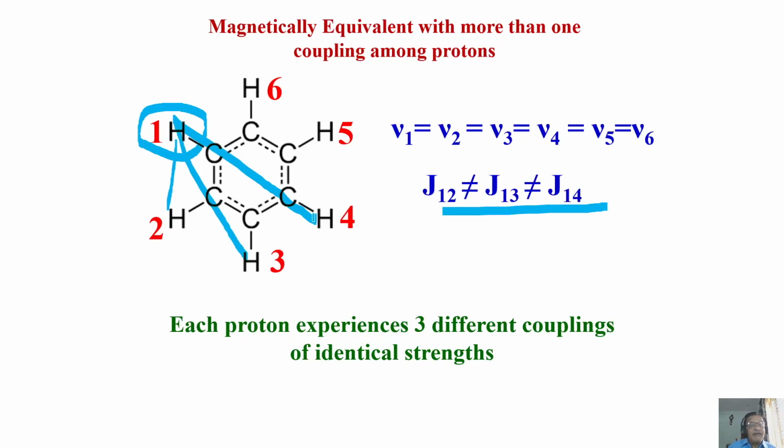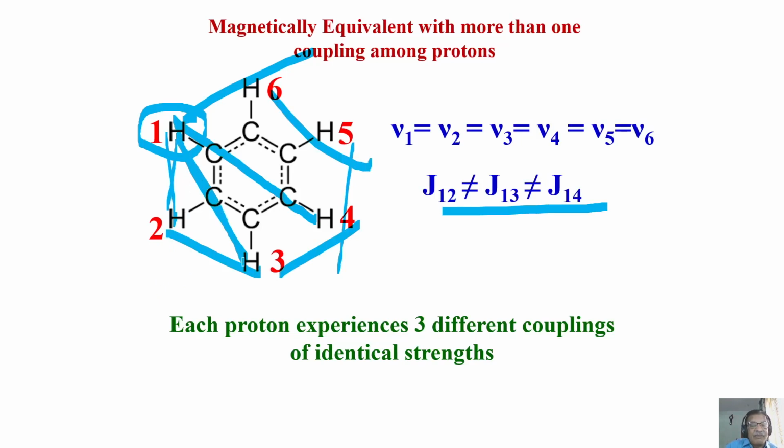But nevertheless, the ortho, para and meta couplings for all the protons are identical. This ortho coupling is the same as this ortho coupling, same as this, same as this. Similarly, this meta coupling and this meta coupling are the same. Similarly, this para coupling and these para couplings are the same.